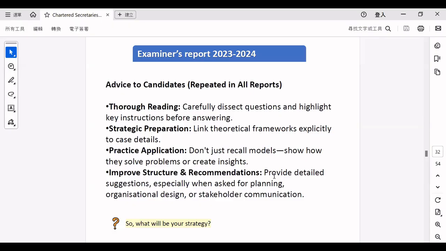Strategic preparations linking theoretical framework explicitly to the case details. As I've given you examples earlier, you are given the facts, but you have to see behind the facts and think of the strategy, right? And you have to justify. You have to give reasoning. Why do you need to give reasoning?